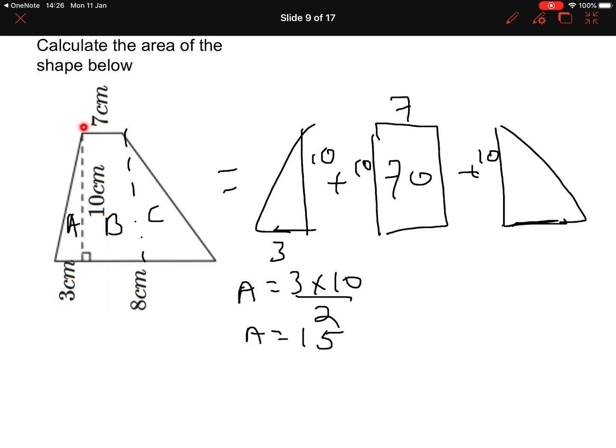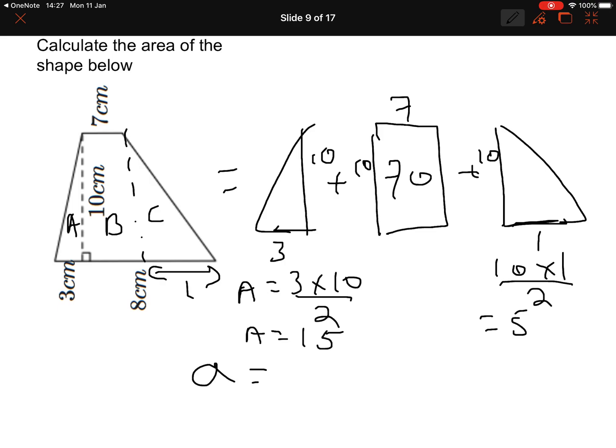Now, the last triangle, if you subtracted 7 from 8, you'll get 1. So the distance, this point to this point, would be 1. And to find the area, you just do 10 times 1, divide that by 2. So really that's just 10 divided by 2, which is 5.